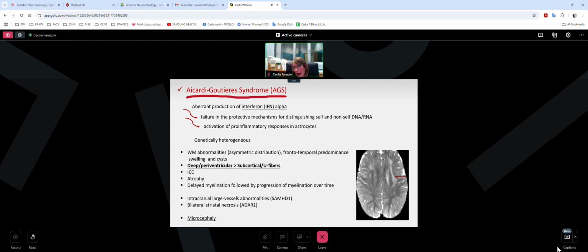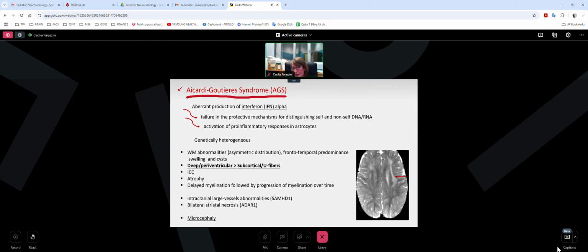Also, the radiological picture may be quite heterogeneous, but we can identify three particular features: white matter abnormalities, intracranial calcification, and atrophy.